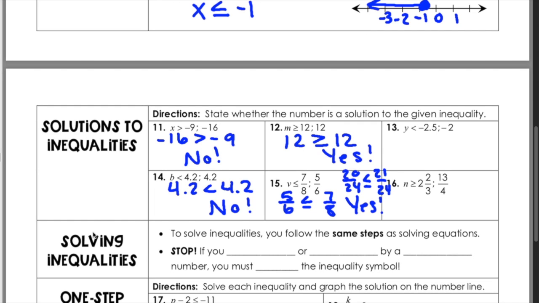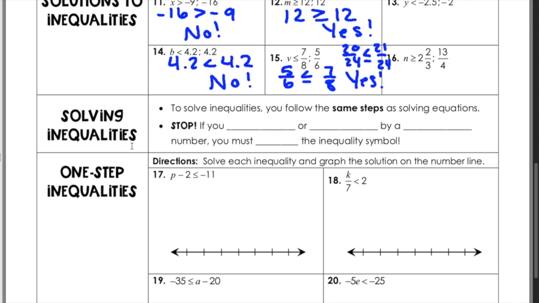All right, so those are kind of the general topics with inequalities: graphing, translating, and solutions. Now we're going to look at actually solving inequalities. So it says to solve inequalities, you follow the same steps as solving equations. We are literally doing the same thing that we've been doing with all of our equations, except there is one little rule that you have to remember.